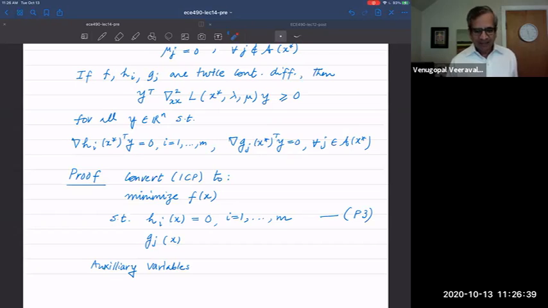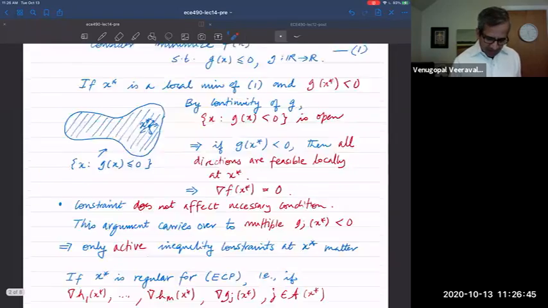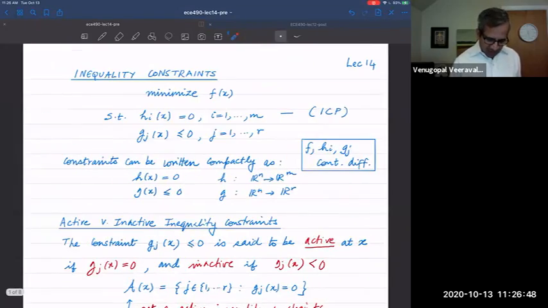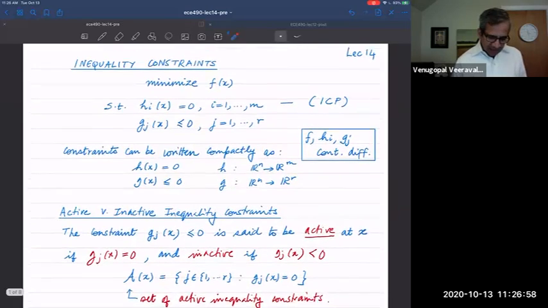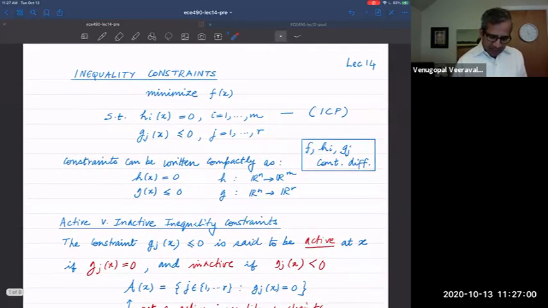We're not going to discard them this time. We're not going to convert ICP to ECP like we did here, or say that this problem ICP is equivalent to this problem directly. We're going to prove that. But then how do we replace these inequality constraints with equality constraints without just throwing them away?